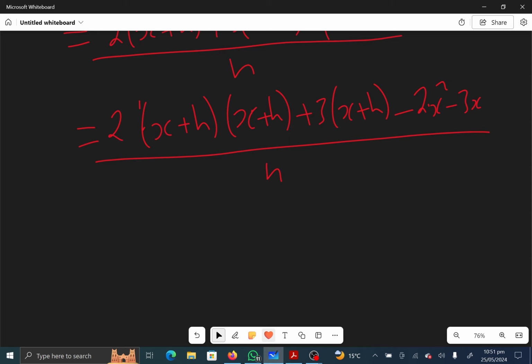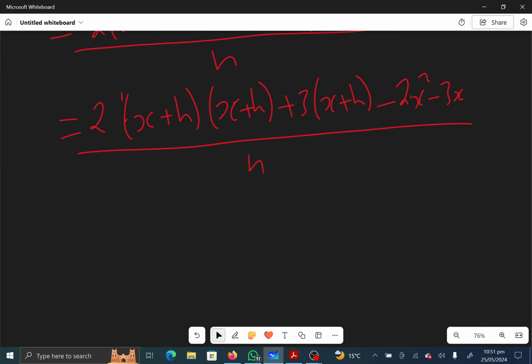So from here we can again factorize, so you say equals 2 multiplied by x, so it will be 2x plus 2 multiplied by h to be 2h.